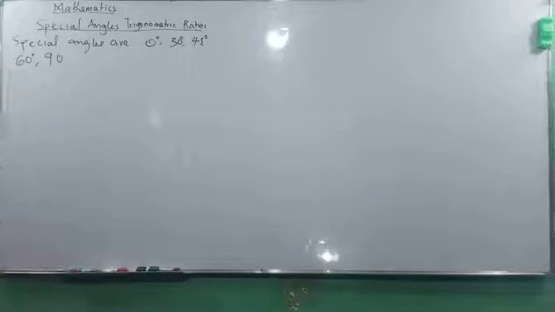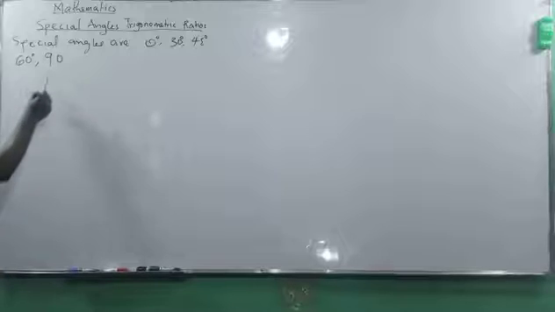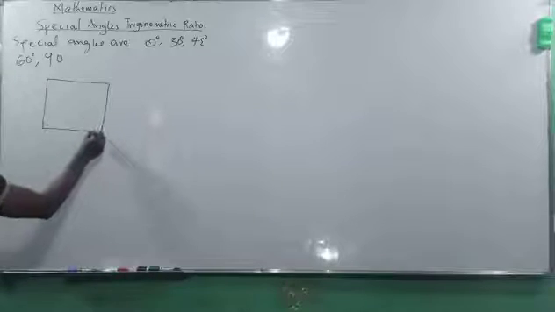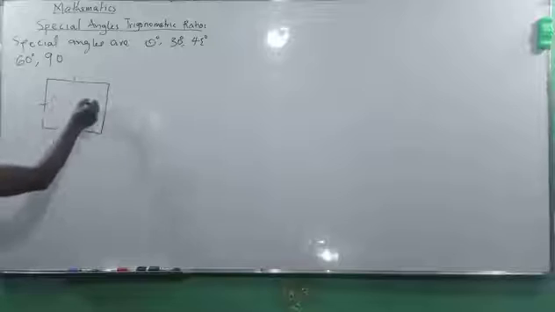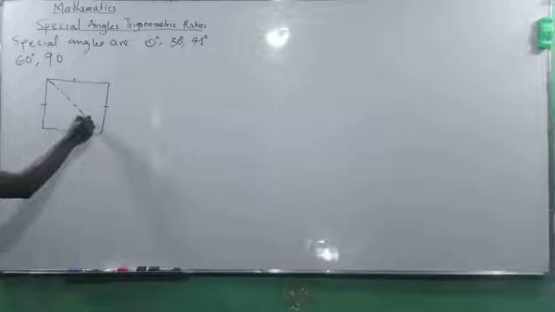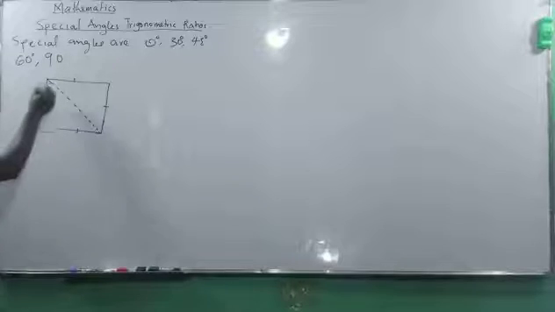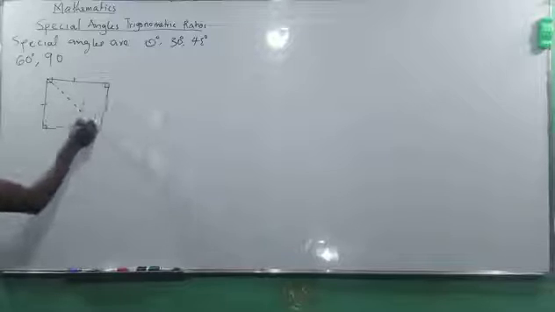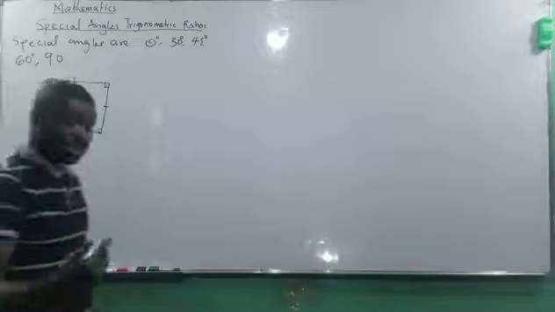Now, let us start by showing one or two things. For instance, if I have 45, this should be a square. At this point, if I decide to cut the square into 2, you know that the angles are 90 and 90, and the sum of angles in a square is 360.